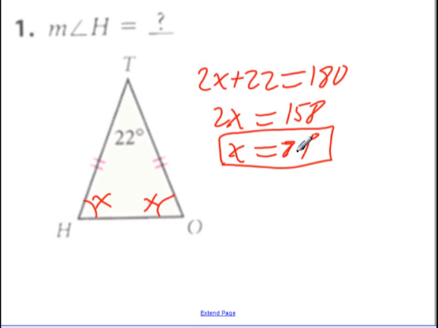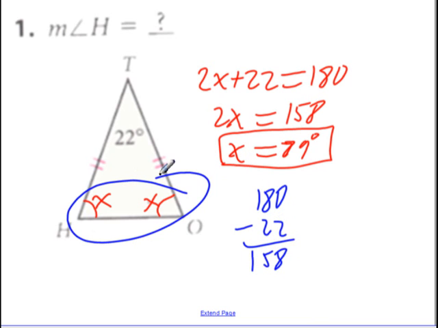If you didn't want to write an equation, you could do the same thing, which would be to subtract the 22 from the 180 to get the 158, which leaves you with the remaining two angles, and then just divide that by 2 to get 79 degrees for each of those angles. Whichever way makes sense to you is fine. And that's it. Good luck.